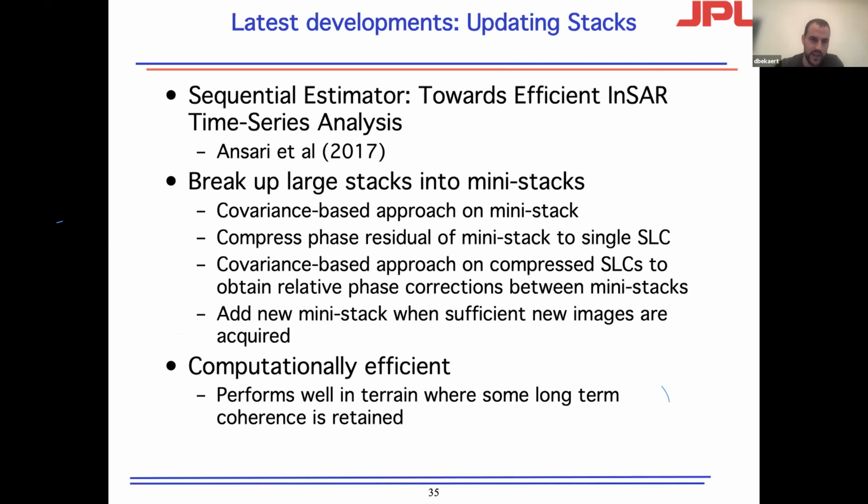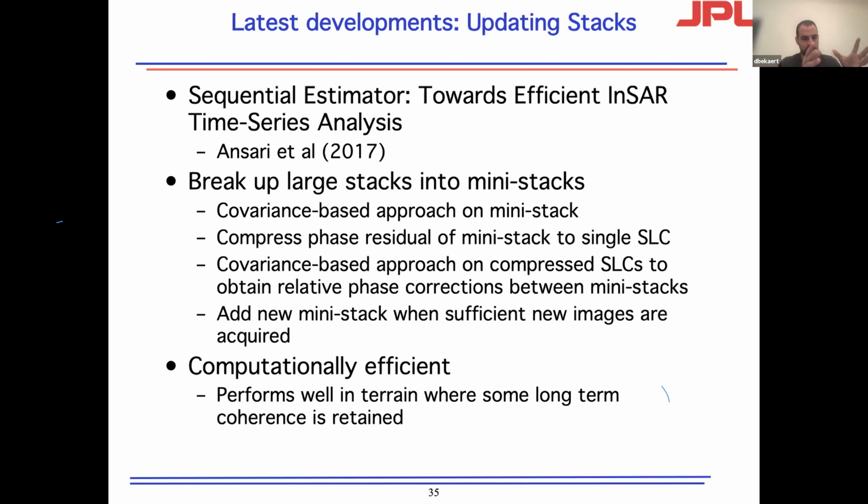So the latest developments, and this is becoming more and more important with Sentinel and InSAR, and you have these long records of observations, is that you don't want to invert the whole covariance matrix over and over again for each pixel when you have 150 or 200 acquisitions. So the sequential approach, which was developed by Ansari, is really splitting the whole stack into multiple mini stacks, and the covariance approach is done on each of these mini stacks.